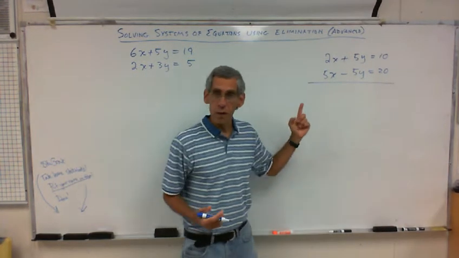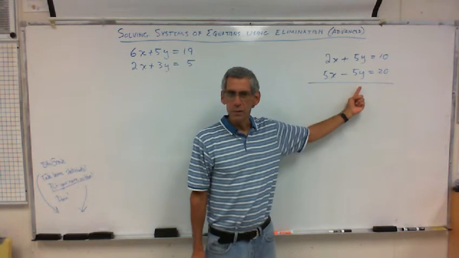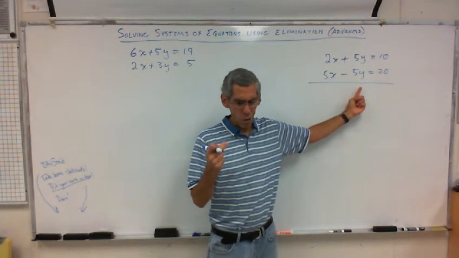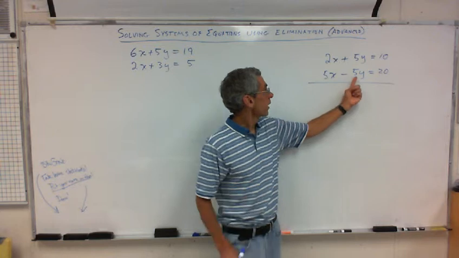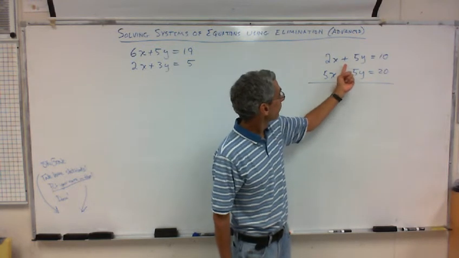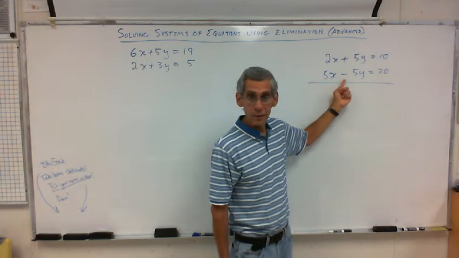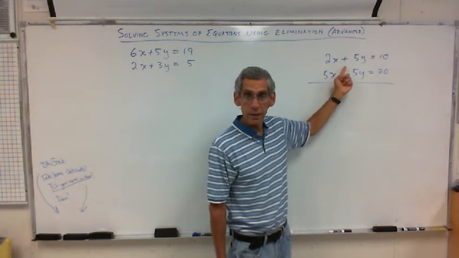What you're looking for is, what's that number called in front of the variable? The coefficient, right. So you want the coefficient, that's the negative 5 here and the positive 5 here. You want the number itself to be the same, but the signs to be opposite, right?